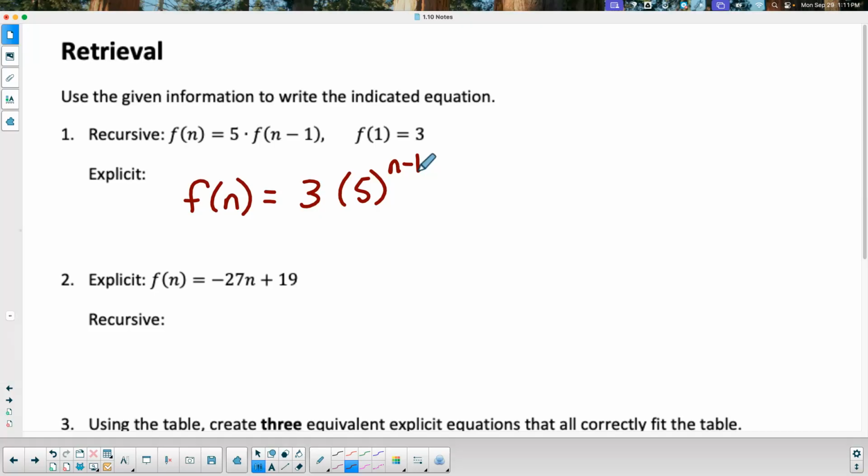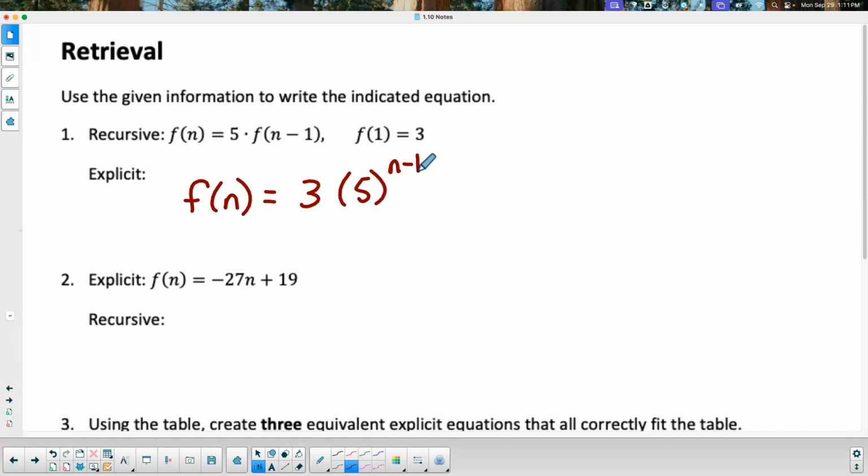Fantastic. You two both told me that the second term was 15, right? Okay? So if I plug in 2, I should get out 15, right? Okay? 2 minus 1 is 1. 5 to the first power. 5 times 3. 15 works out. Okay? So that is our explicit equation.